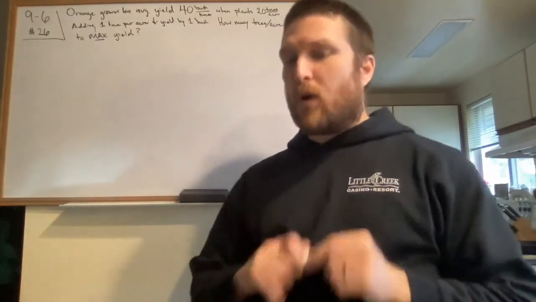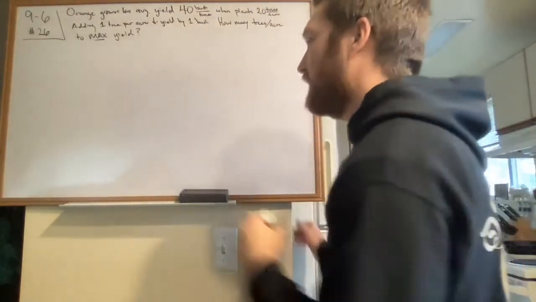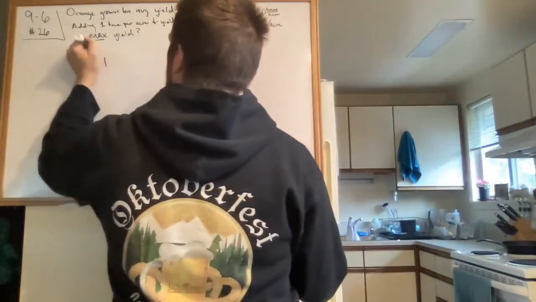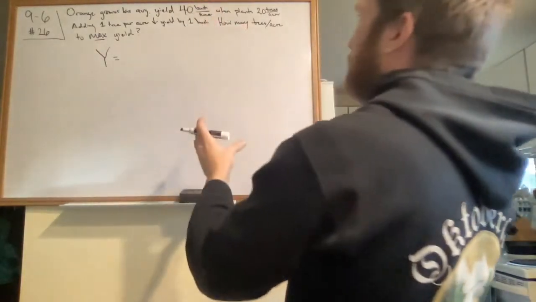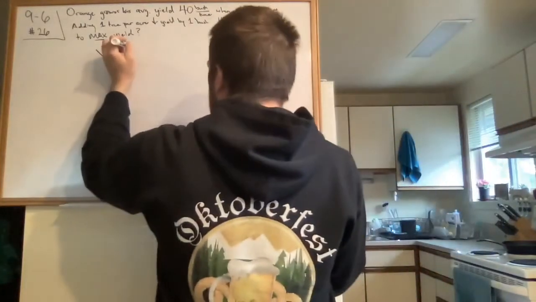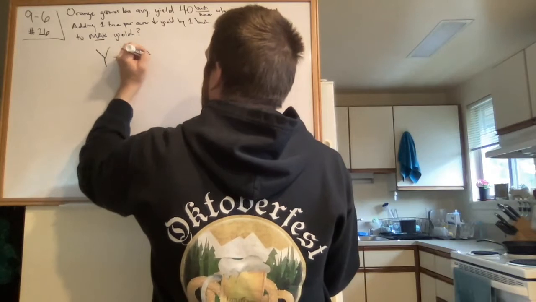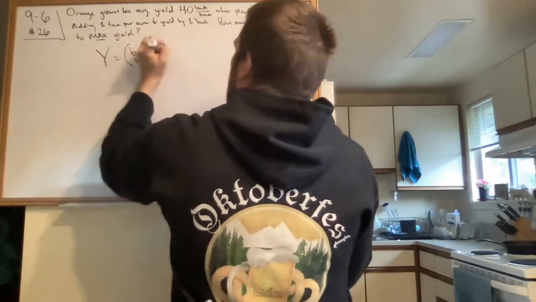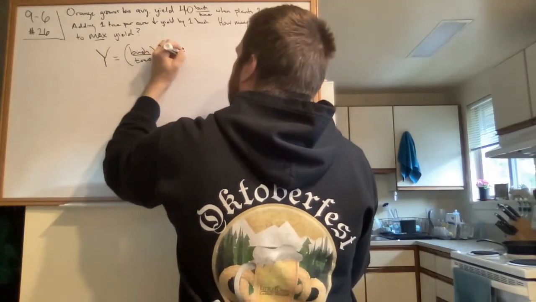There's another way to attempt this problem. You could say my yield would be, well, the bushels per tree times trees per acre, right? And that's what we did, the bushels per tree times trees per acre.